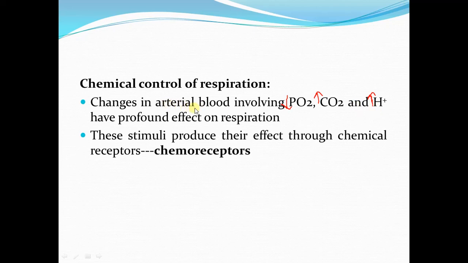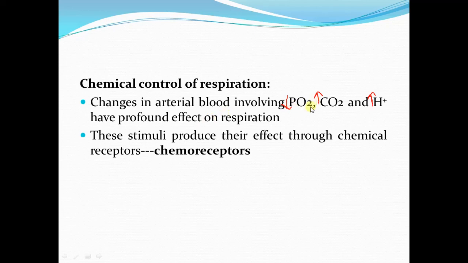So one thing you must remember is that changes in the concentration of these chemicals in the arterial blood are going to have a profound effect on the respiration. We are not concerned with the changes in the concentration in the venous blood.